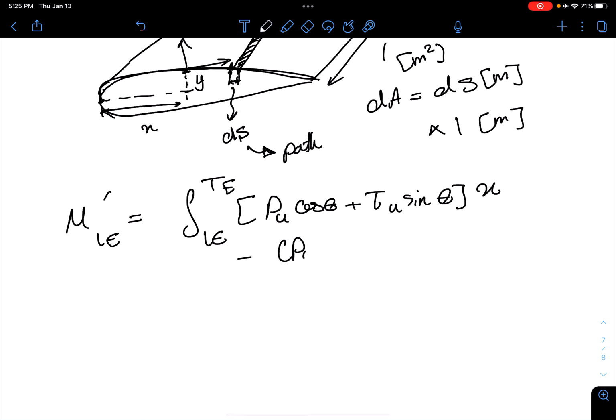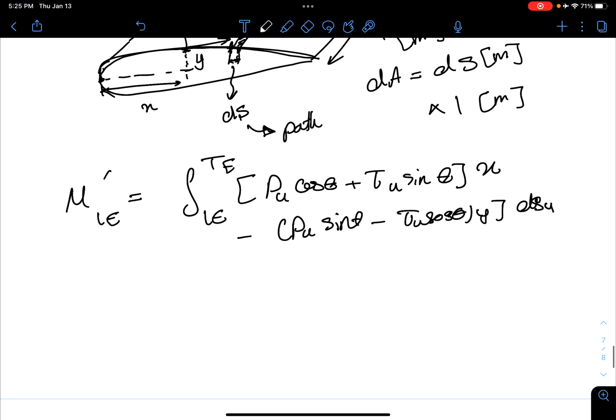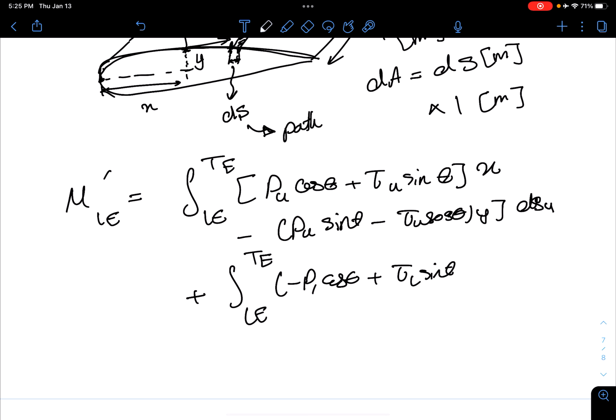minus p_u sine of theta plus tau_u cosine of theta, y ds on the upper surface, plus another integral from leading edge to trailing edge of p_L cosine of theta plus tau_L sine of theta, x, plus p_L sine of theta plus tau_L, this should be tau of L, so there's a typo in the notes.